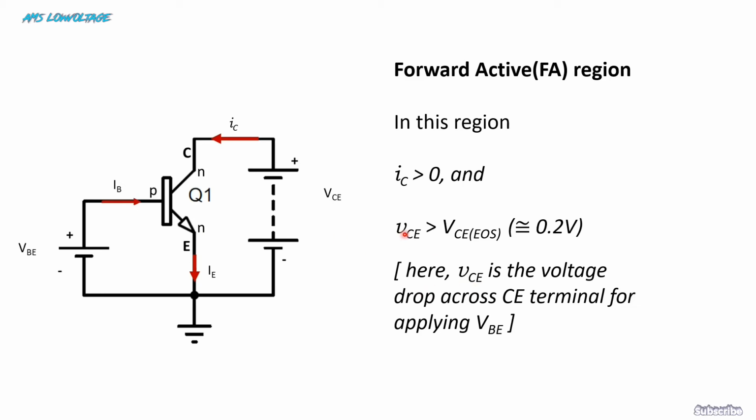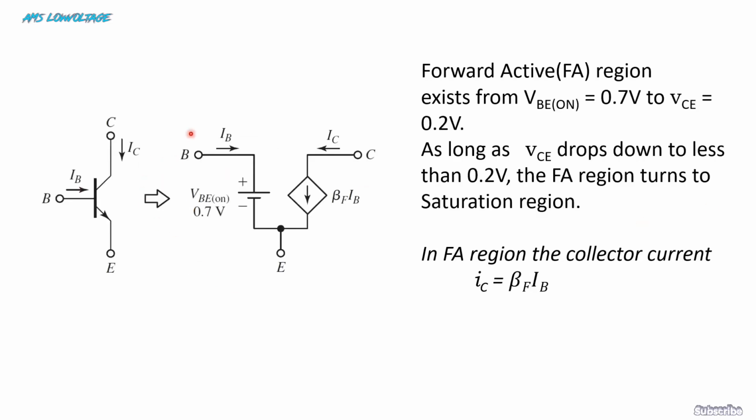So VCE is greater than VCE edge of saturation. Edge of saturation voltage is 0.2 volt. In forward active mode, if you find VCE is greater than 0.2 volt, you can say the transistor is in forward active region.